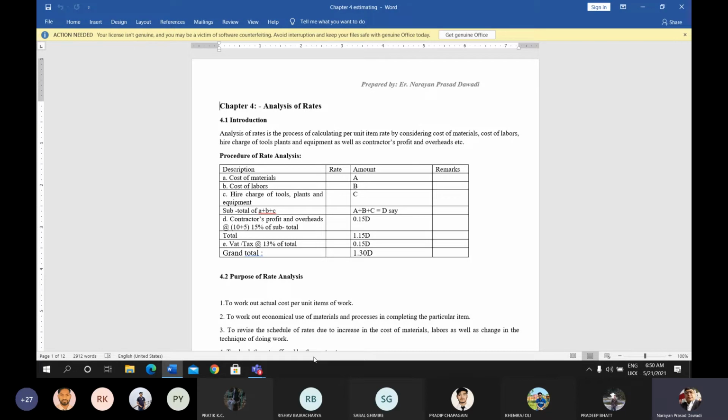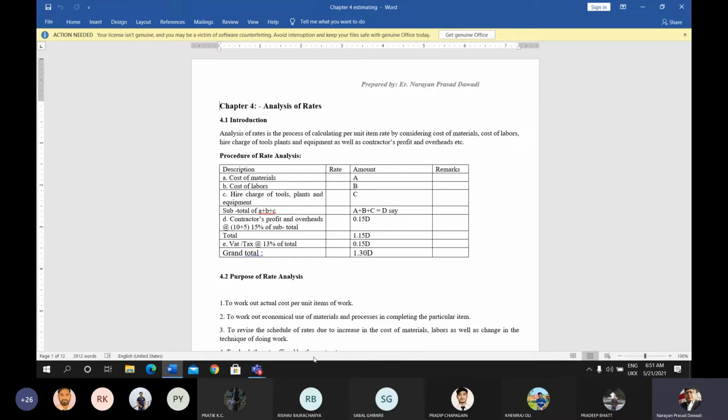That means A plus B plus C is equal to D. So 15% of D will be 0.15 D. Now adding the subtotal, the direct cost, and the indirect cost related to contractor profit and overhead, you will get the total cost as 1.15 D. Now VAT or tax is taken as 13% of the total, that is 13% of 1.15 D, which gives approximately 0.15 D. 0.1495 is coming.